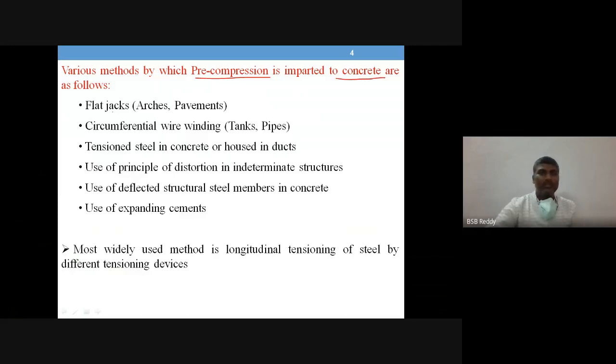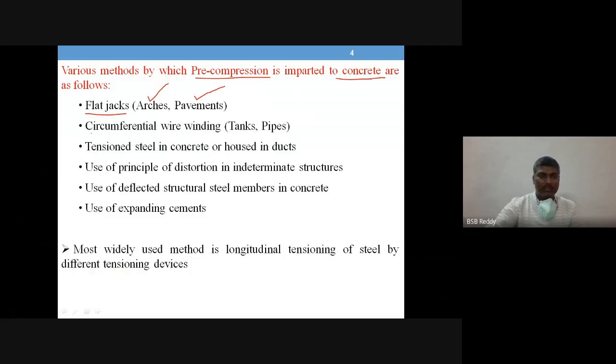Okay, so one such technique is flat jacks, and the use of these flat jacks is particularly for arches and pavements. Okay, these jacks may be mechanical or hydraulic. Okay, so the principle upon which they rely may vary. Maybe mechanical jacks or can be hydraulic jacks, right?